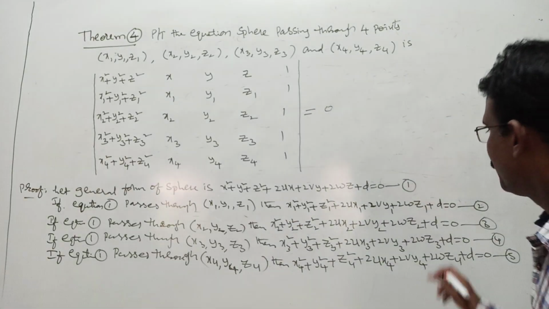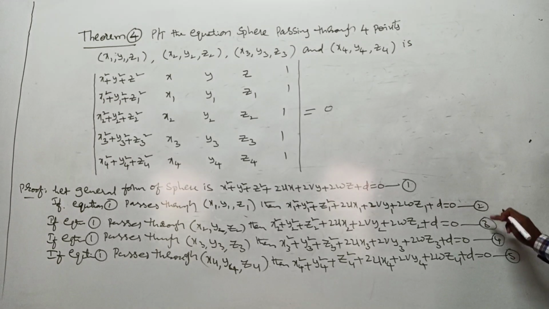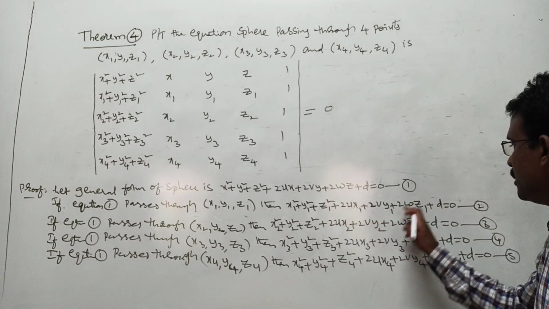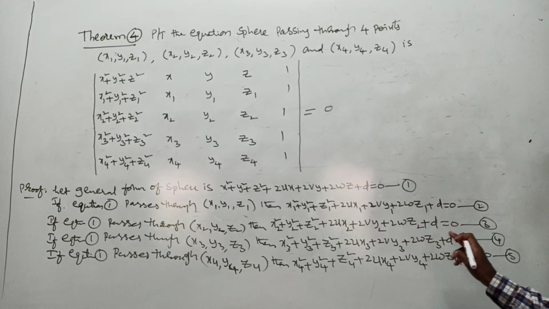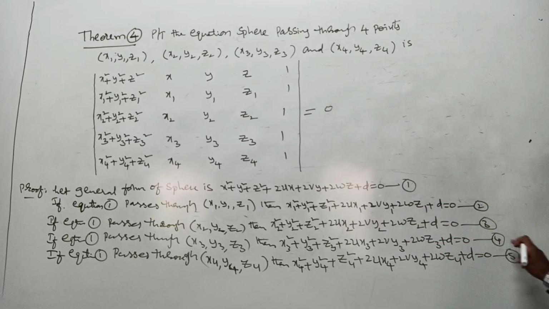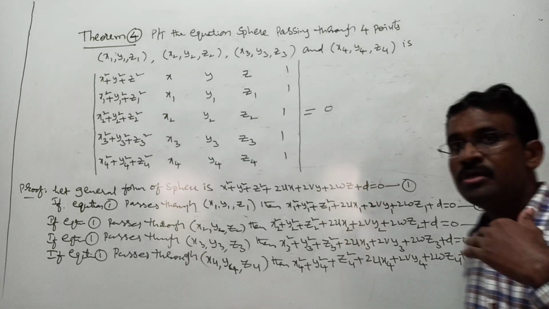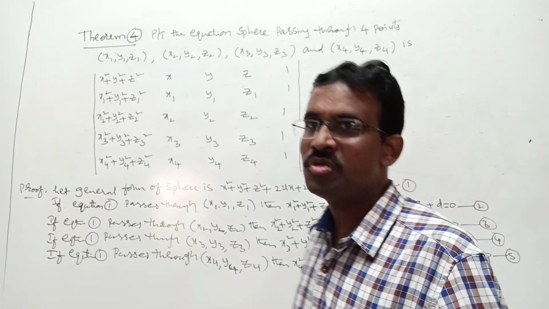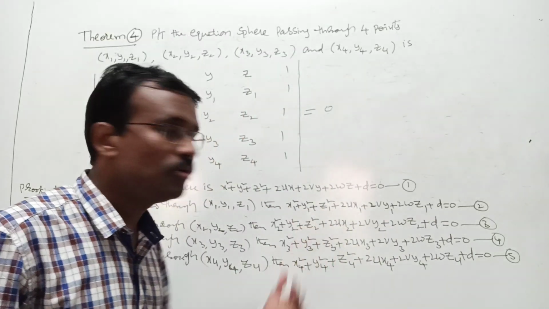In the next step, by using equations 2, 3, 4 and 5, let us eliminate 2u, 2v, 2w and d by using the matrix determinant process. That work I am doing in the next step.